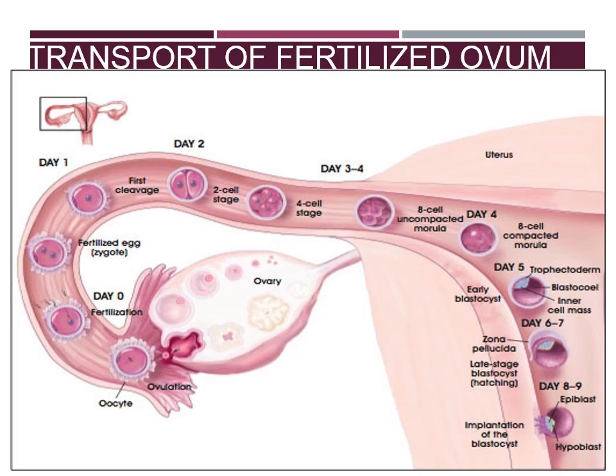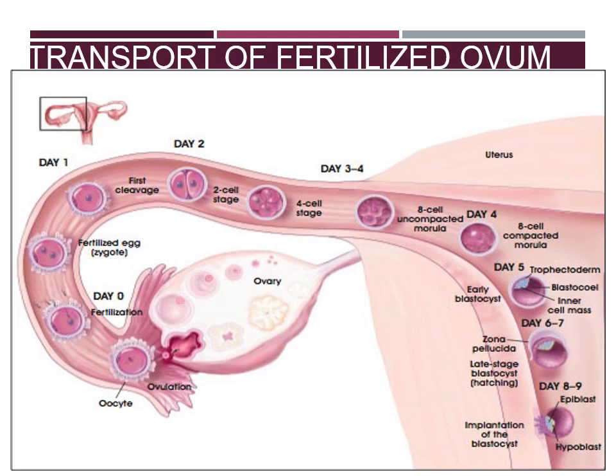Then at day 1, the first cleavage takes place when 2 cells are produced, then the 4-cell stage, and the 8-cell stage, which we now call morula, at day 4 and day 5, at which the compacted morula will enter the uterus.